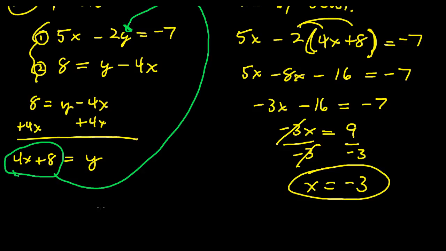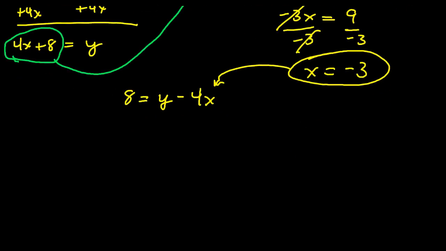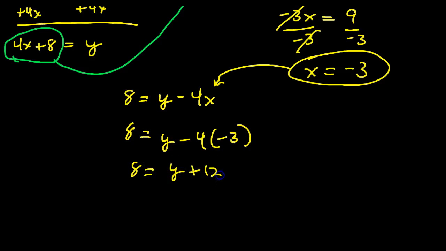All right, I'm going to pick the second equation. 8 equals y minus 4x. x has to be -3 in the solution, so I'll say 8 equals y minus 4 times -3. I can now solve for y. 8 equals y, well, -4 times -3 is +12.